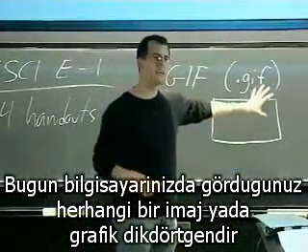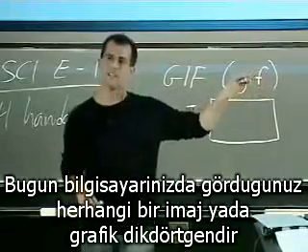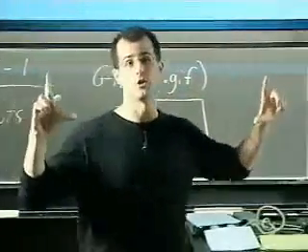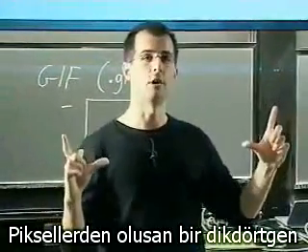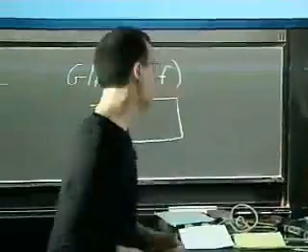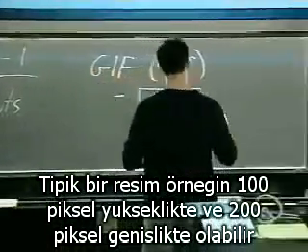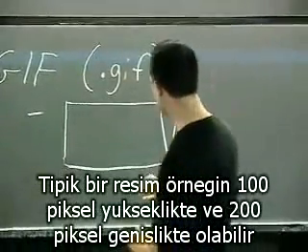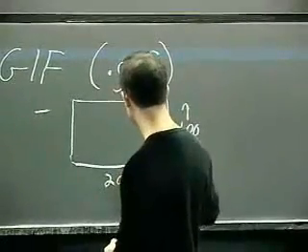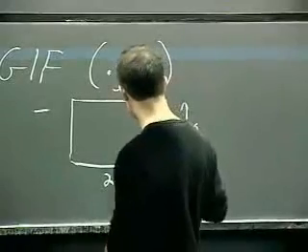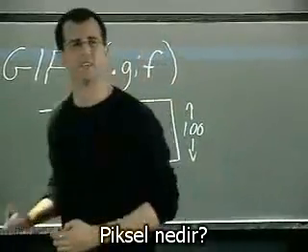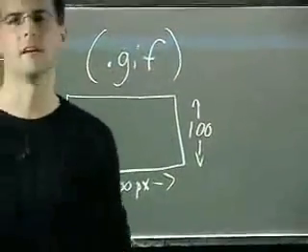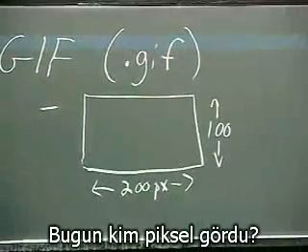Well, pretty much any image, any graphic these days on a computer is laid out as a rectangle of pixels. So a typical image might be, for instance, 100 pixels tall and maybe, let's say, 200 pixels wide. Well, what's a pixel? Who's seen a pixel today?